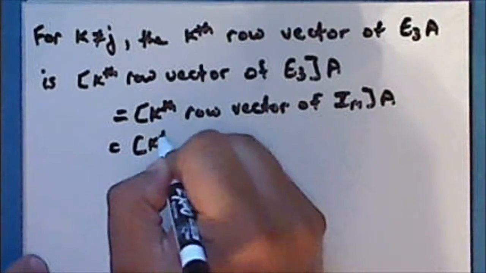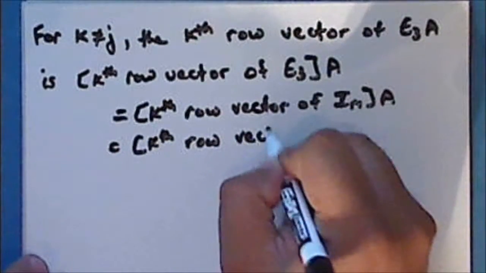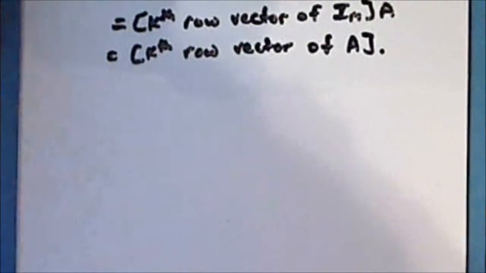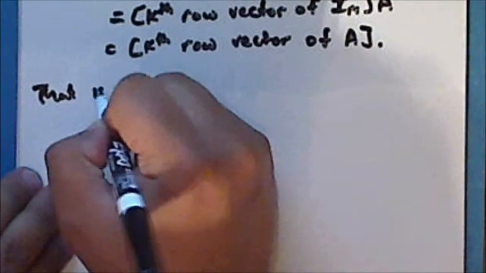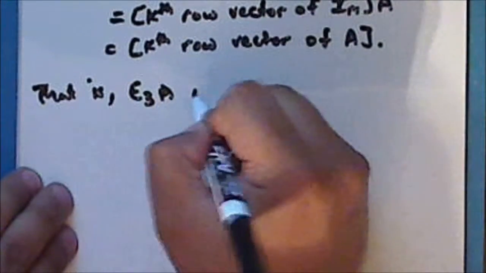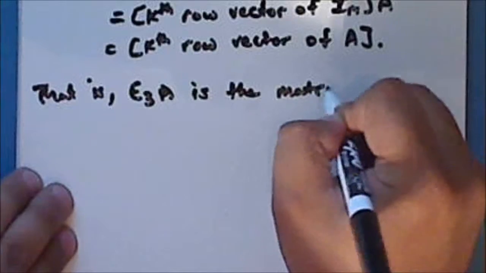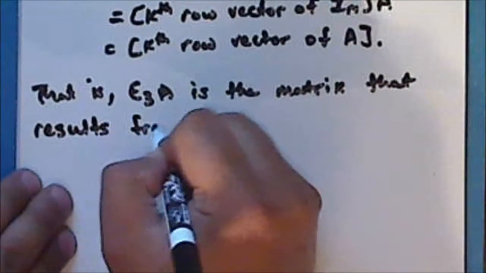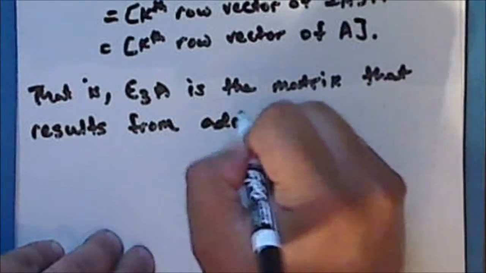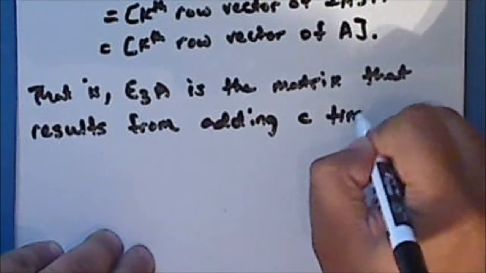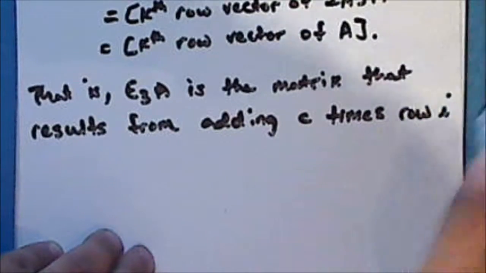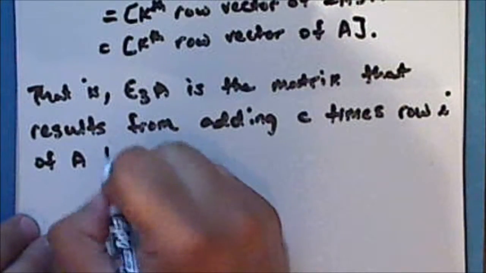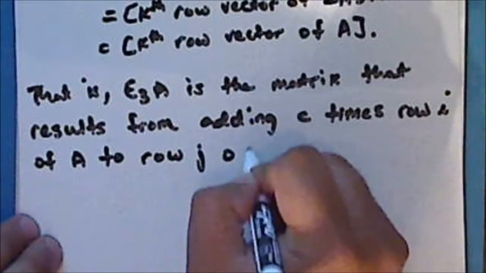And so this is the kth row vector of the matrix A. That is, E sub 3 times A is the matrix that results from adding C times row I of the matrix A to row J of the matrix A.